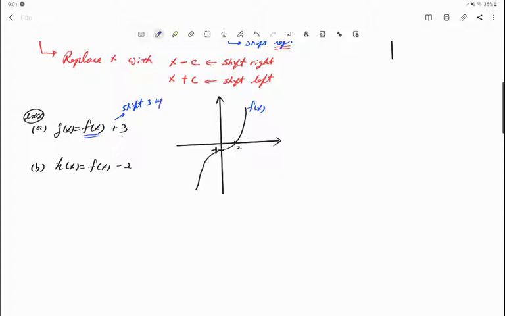So all of these points will be moved 3 units: 1, 2, 3, go up. So this point moves 3 units up over here. So the graph looks like this. This one, and then this one, and this one. So this is g of x.